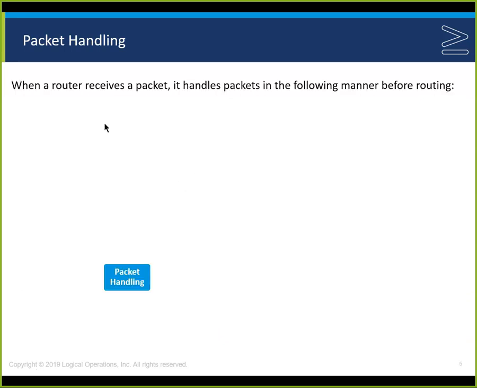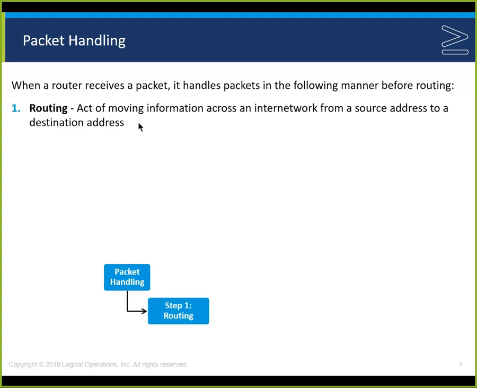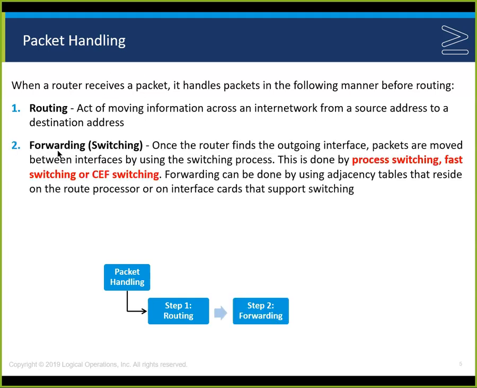When a router receives a packet, it handles the packet in the following manner before the routing. Routing is the act of moving the information across the network from the source address to the destination address. What the routers do is forwarding or switching. We're going to have a couple of databases that are involved. We'll talk about the route table, and that's the thing that we're going to look at.